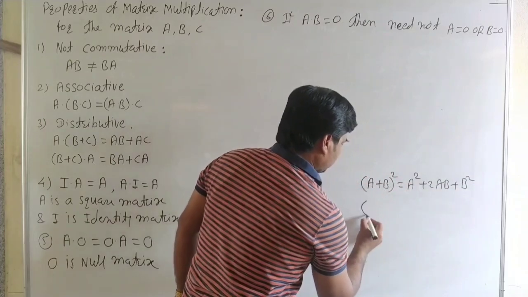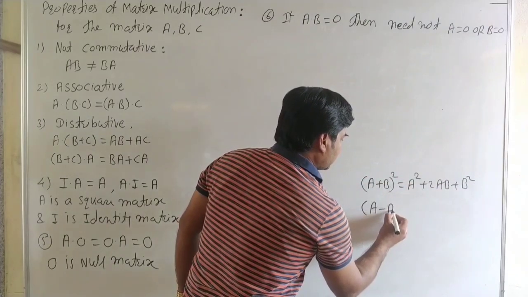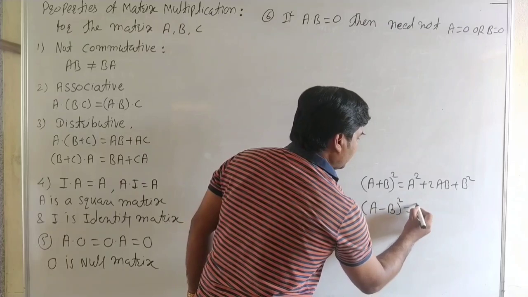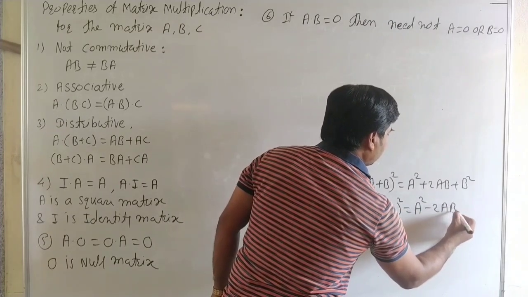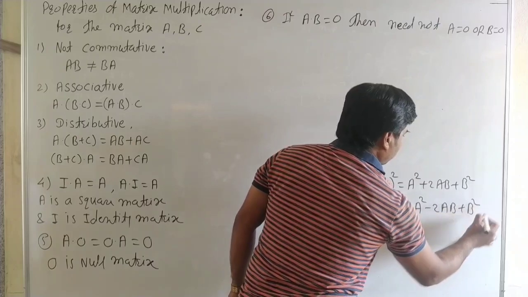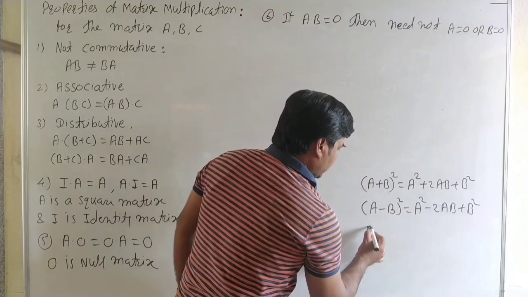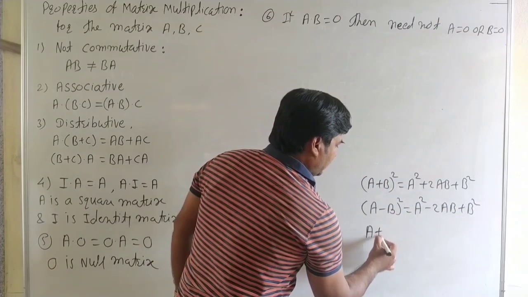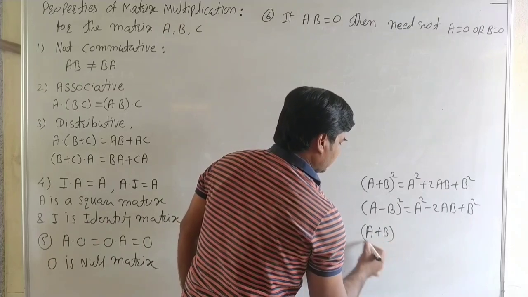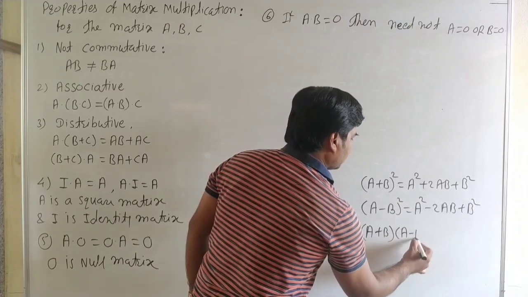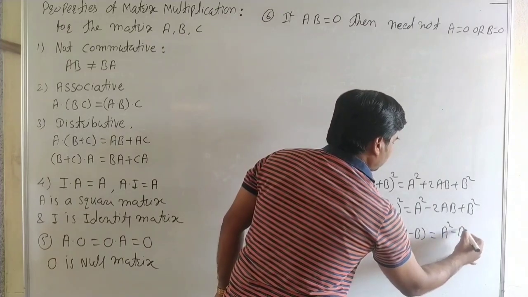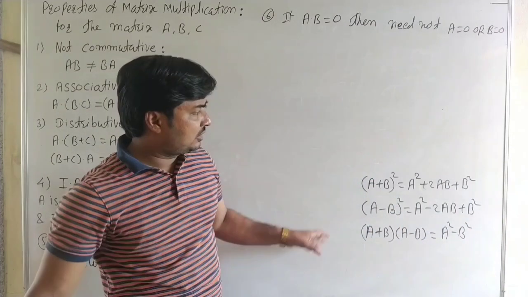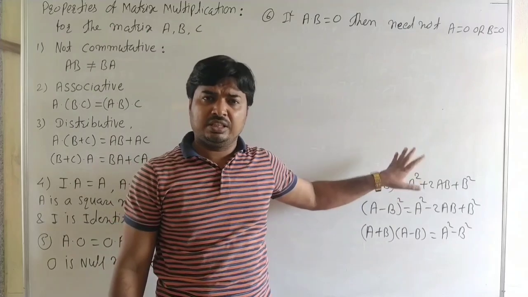Or (A minus B) whole square is equal to A square minus 2AB plus B square. Or (A plus B) into (A minus B) can be directly written as A square minus B square.